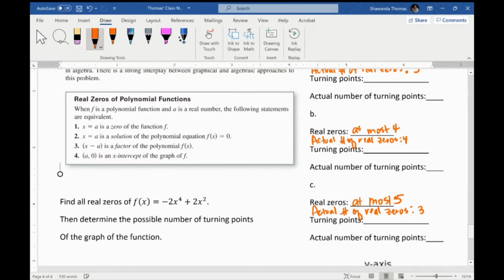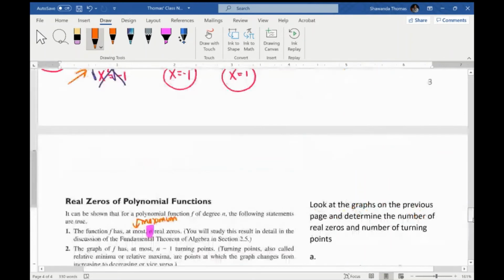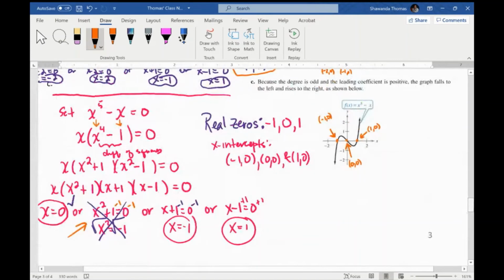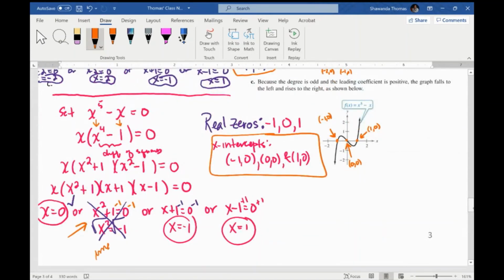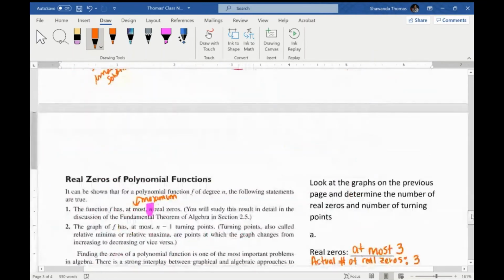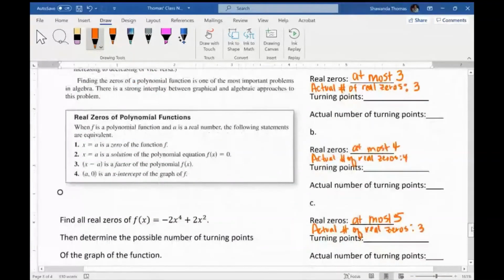It was only 3. Notice that we ended up getting rid of the imaginary solutions. There were 2 imaginary over here, but we want to know how many real zeros. Real. All right, very good.